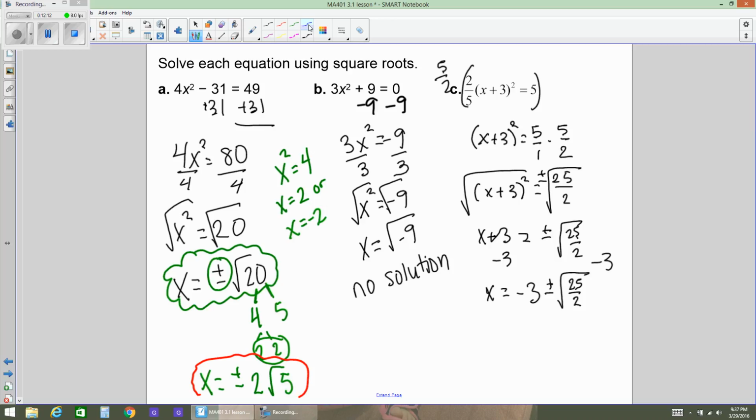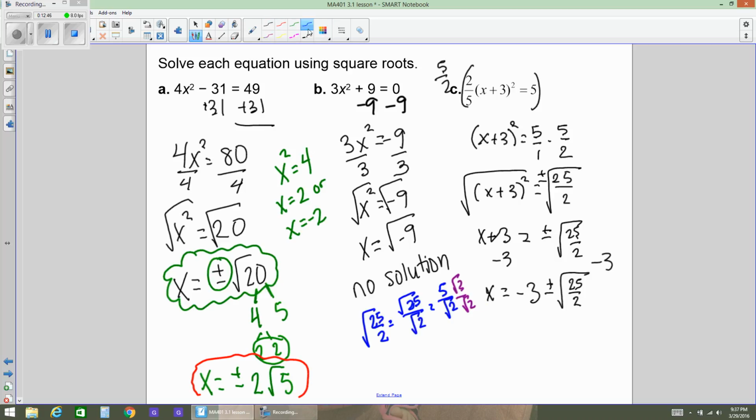Now let me get a different color and bring that 25/2 over here. The square root of 25/2 is the same as saying the square root of 25 over the square root of 2, which we all know is just 5 over the square root of 2. Now we're not allowed to have that square root of 2 in the denominator because it's an irrational number. So I multiply by the square root of 2 over the square root of 2.